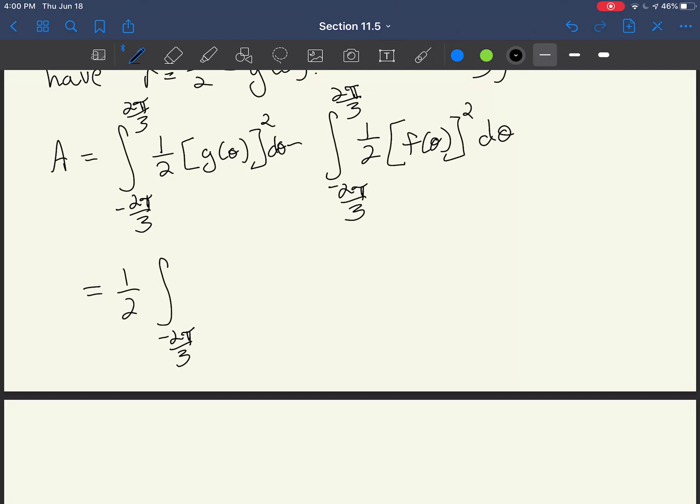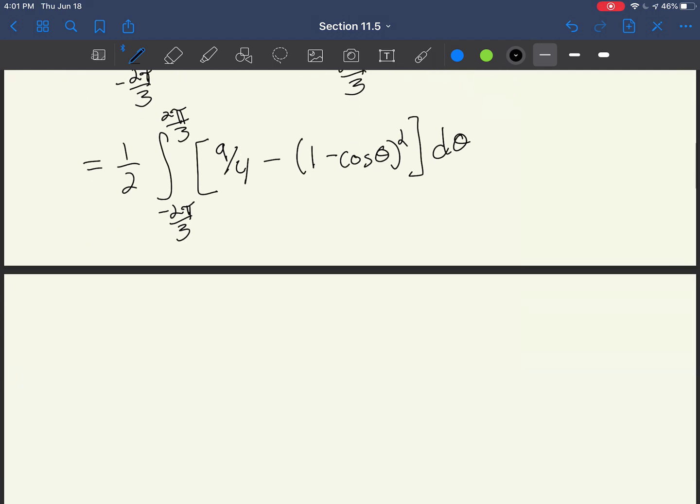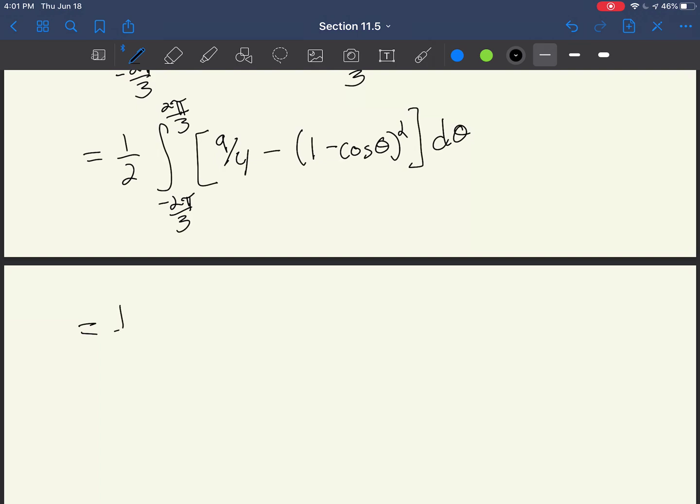And we can combine these two integrals to just be one integral. So we can pull out the 1/2, and we get 1/2 integral from negative 2 pi over 3 to 2 pi over 3 of g of theta squared. G of theta was r over 2, so that's 9/4, minus f of theta squared, which is 1 minus cosine theta quantity squared, d theta.